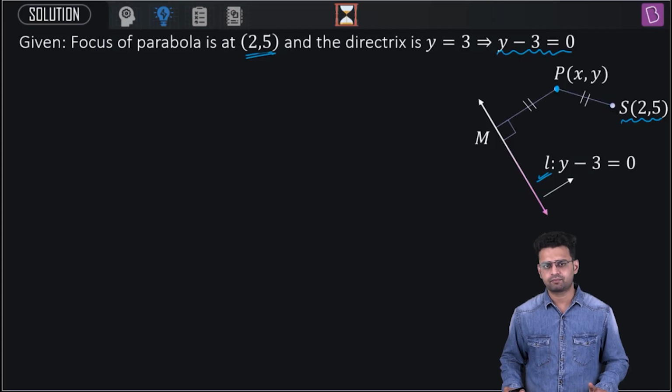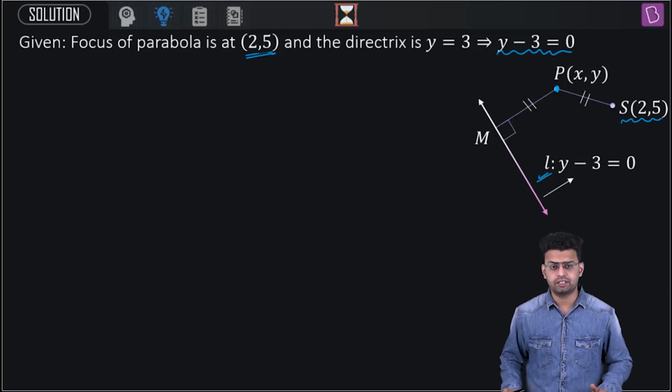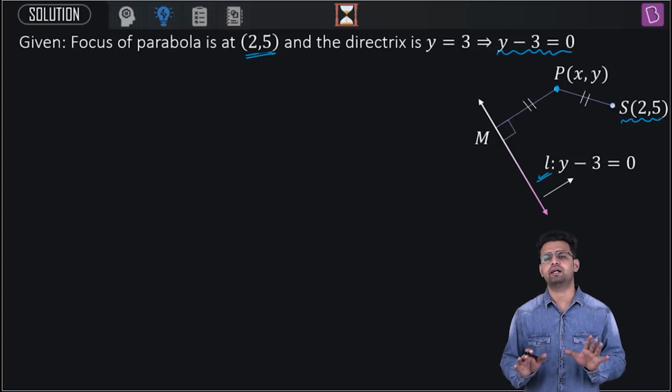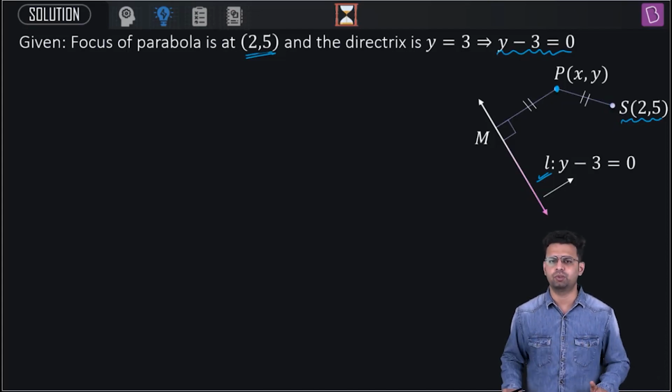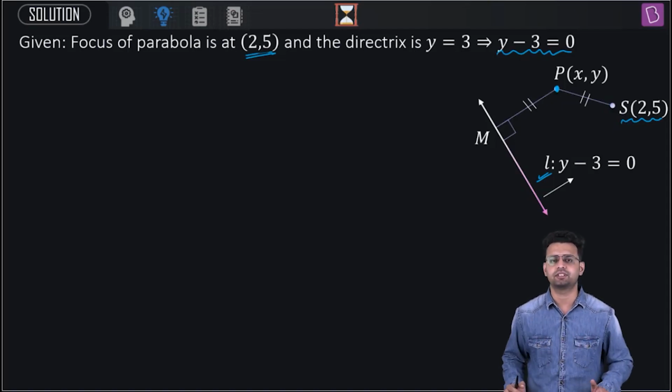What is it? Can you all quickly recall? Yeah. So parabola is a locus of all such points which move in a way so that its distance from a fixed point is equal to its distance from a fixed line.